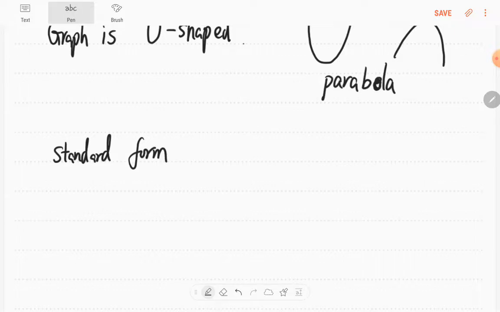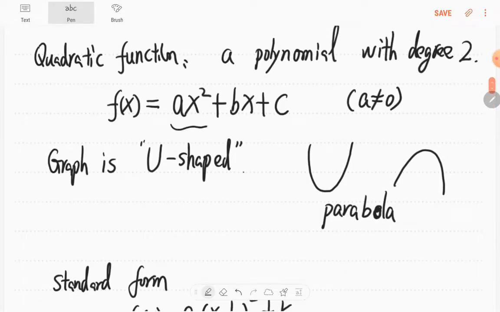The standard form of the quadratic function is given by f of x equals a times (x minus h) squared plus k. This is called the standard form. If you expand it, you will see the highest power is still x squared, right?